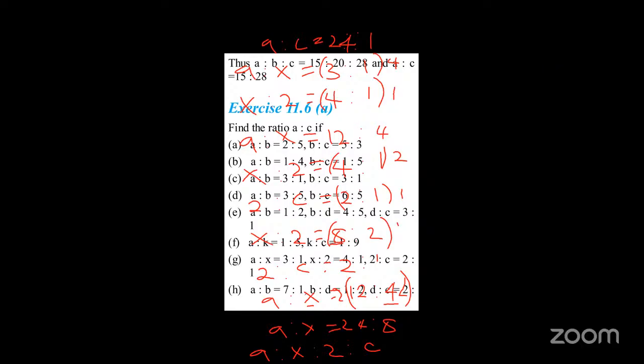Then tumecompare na X to 2 sio? X to 2 whereby 4 is to 1, X to 2 tulipata 8 to 2. Hii hapa. X to 2 sasa ni ngapi? 8 ratio 2.